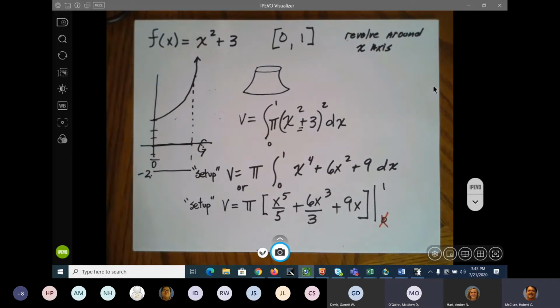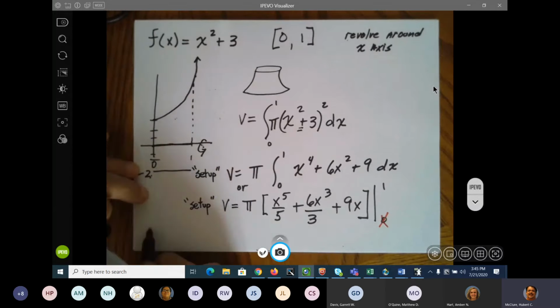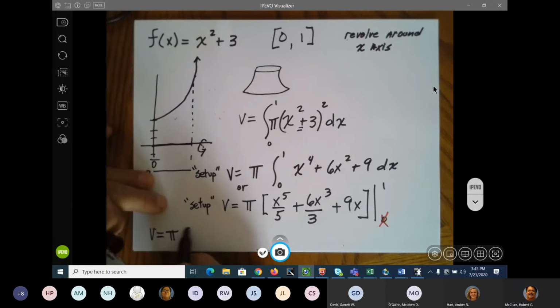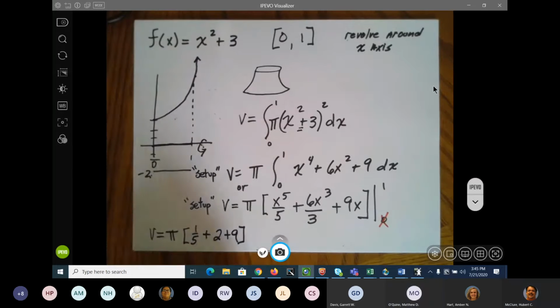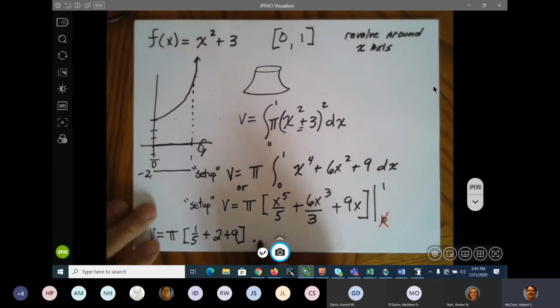So V is equal to pi times 1/5 plus 2 plus 9. And all together I get 56 pi over 5.